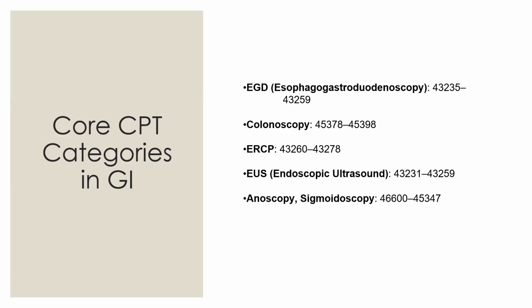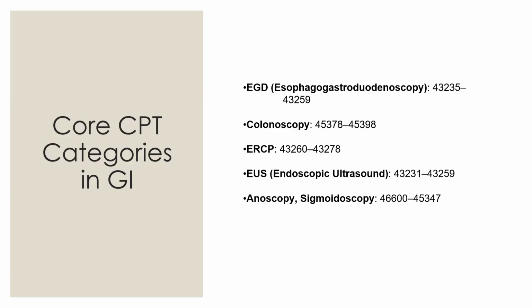You can also see the picture on page 373 of your CPT Codebook for a colonoscopy. ERCP, code range 43260 through 43278, can be found on page 352. EUS, or endoscopic ultrasound, is the code range 43231 through 43259.